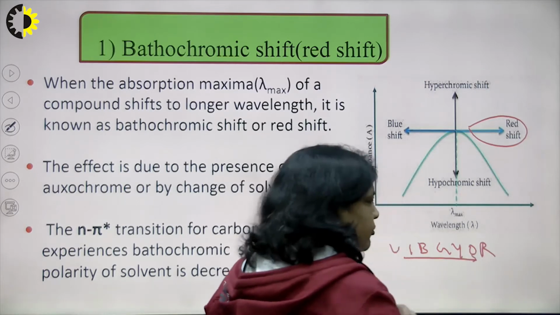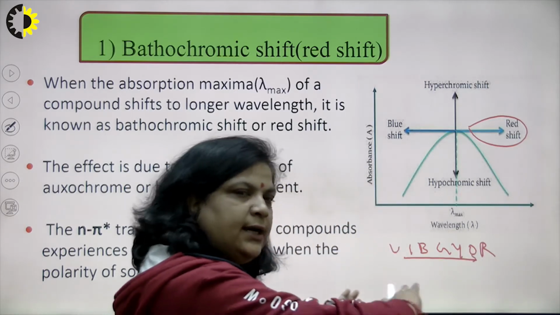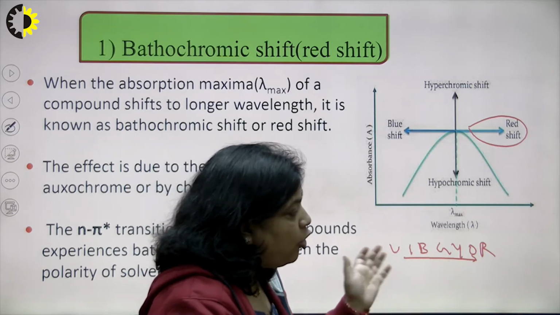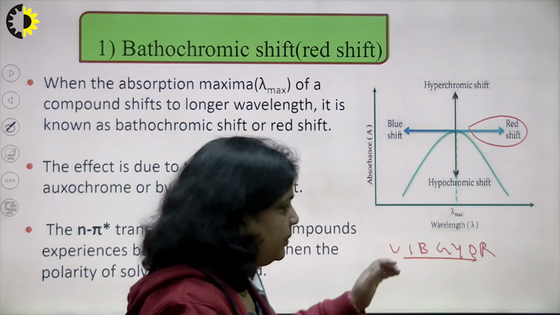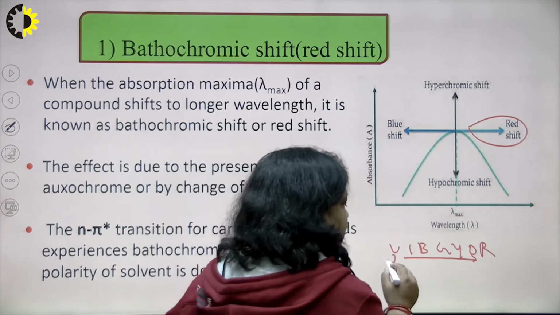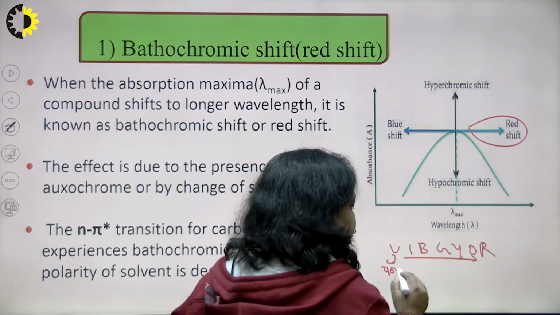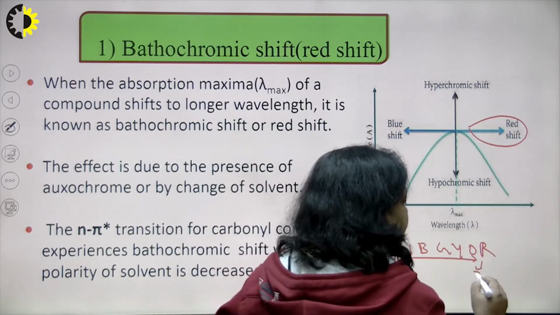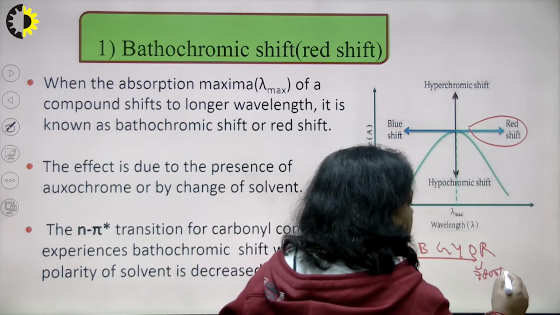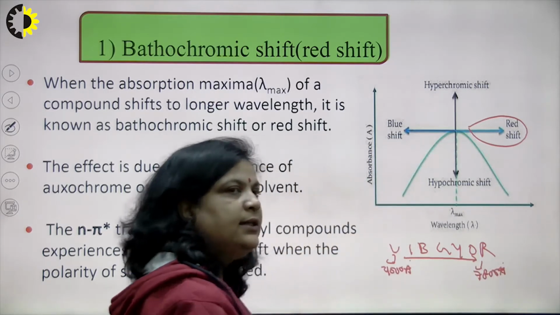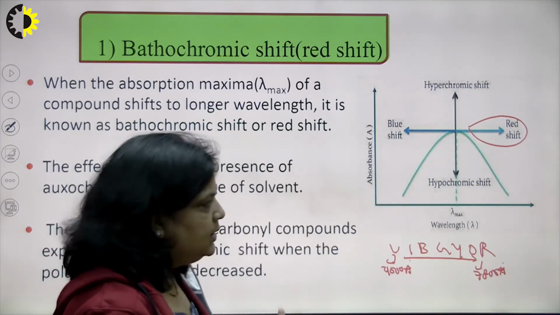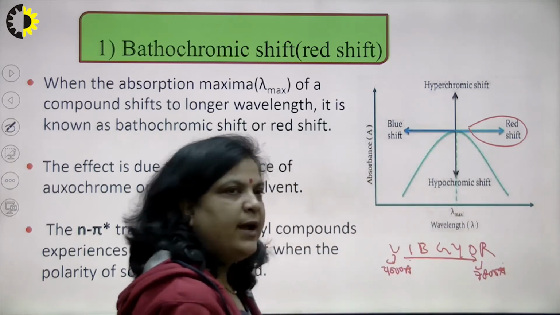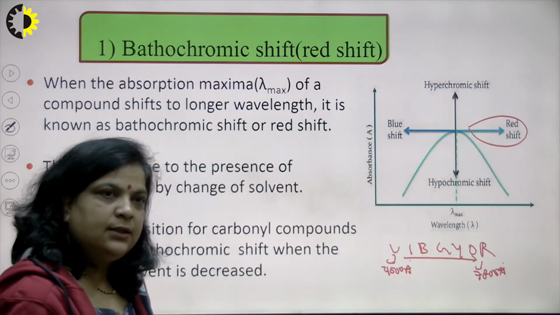If we move from bluish or violet color towards red, then this is called red shift or towards longer wavelength, because the wavelength of violet color is about 4000 angstrom, while that of red is 7800 angstrom. So, violet to red means towards longer wavelength. So, the first shift is the shifting of absorption maxima towards longer wavelength.